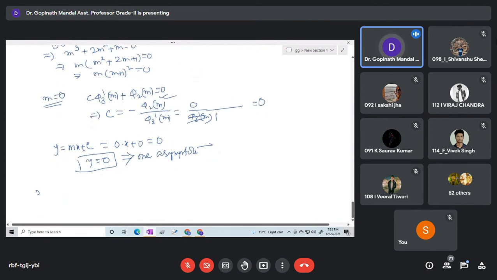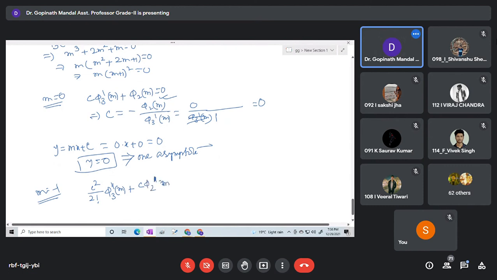Now consider the case m equal to minus 1, a repeated root. So from which equation do we get the value of c? c square by factorial 2 phi 3 double dash m plus c phi 2 dash m plus phi 1 m equal to 0.